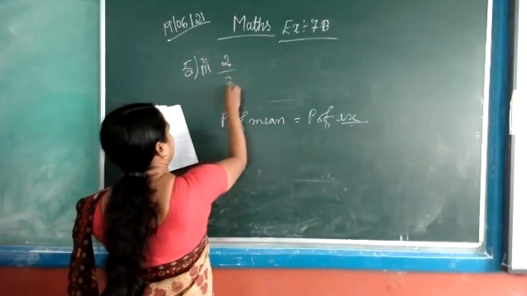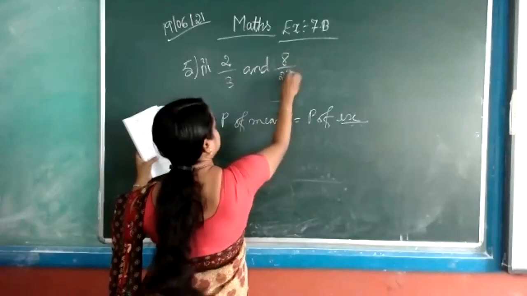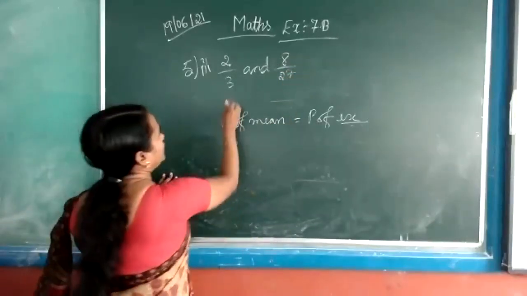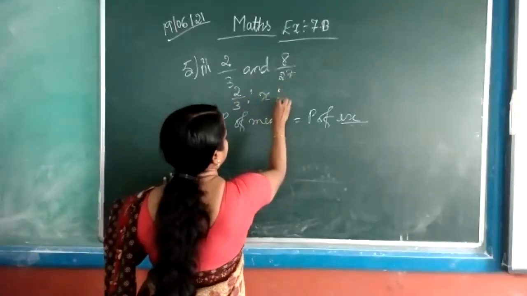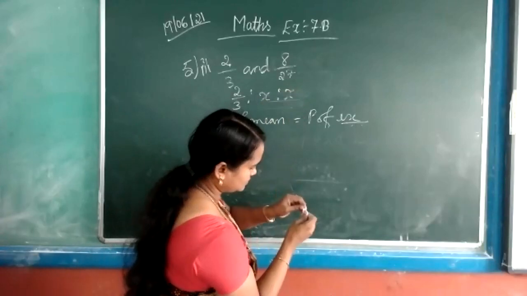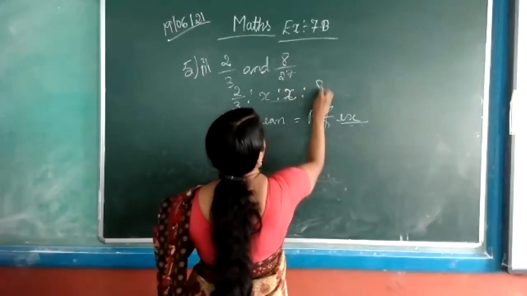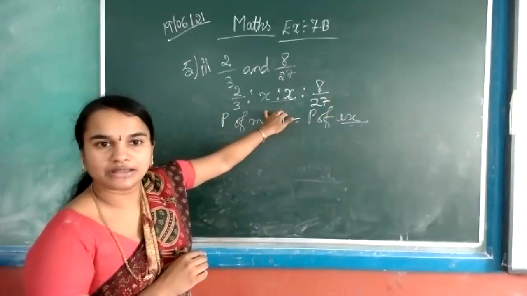2 upon 3 and 8 upon 27. Now here also 2 upon 3 is to x as x is to 8 upon 27. Children, is the board visible?